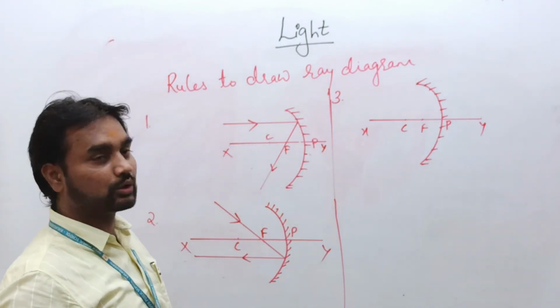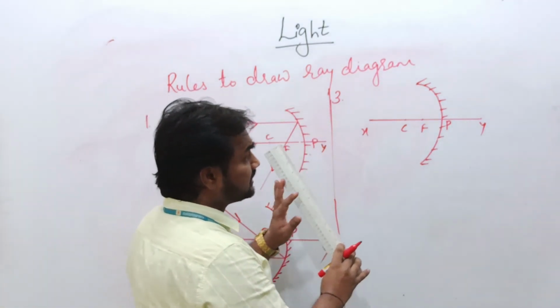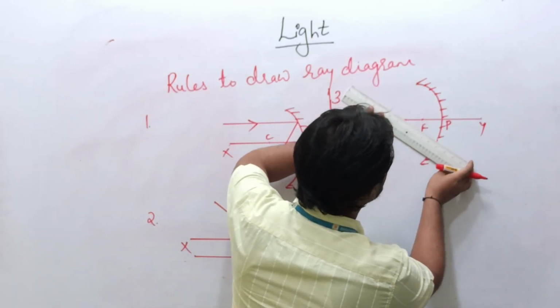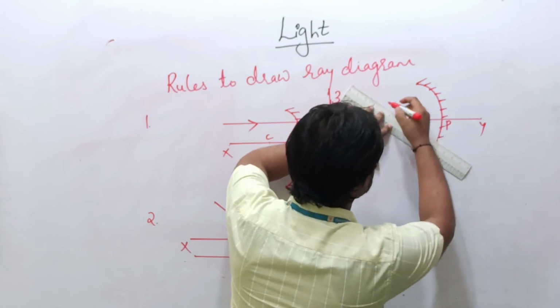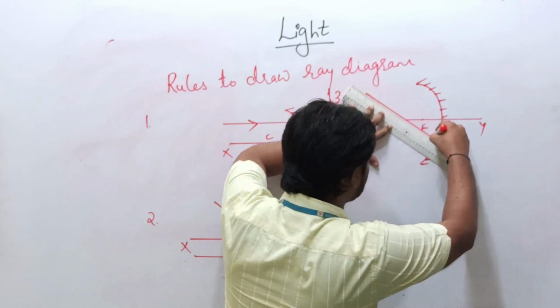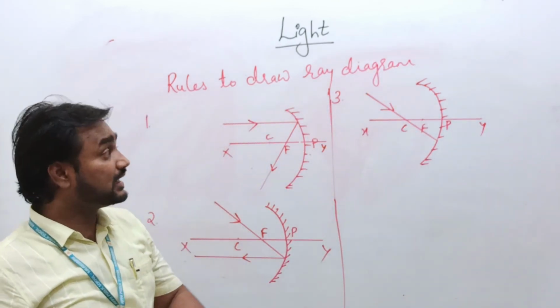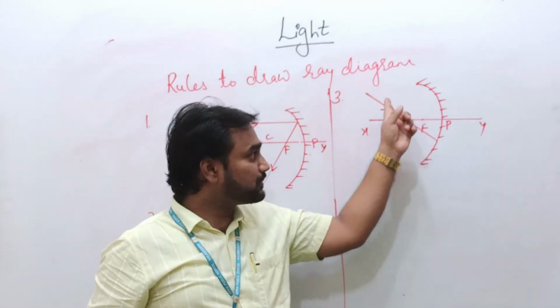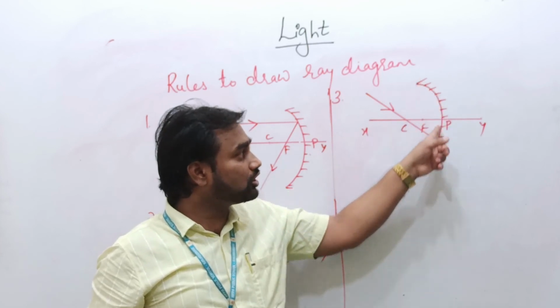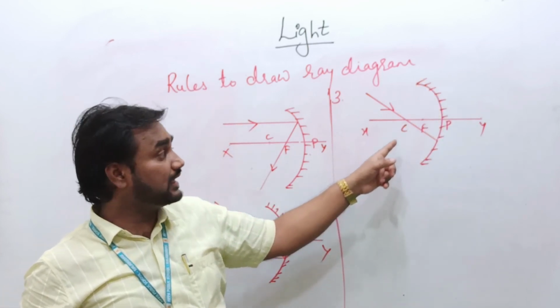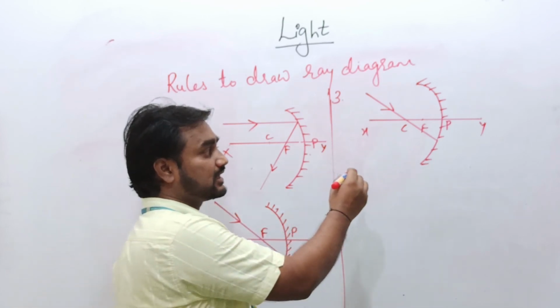What is the third rule? If the incident ray is passing through the center of curvature, then when it falls onto the reflecting surface of the mirror, it makes 90 degrees.